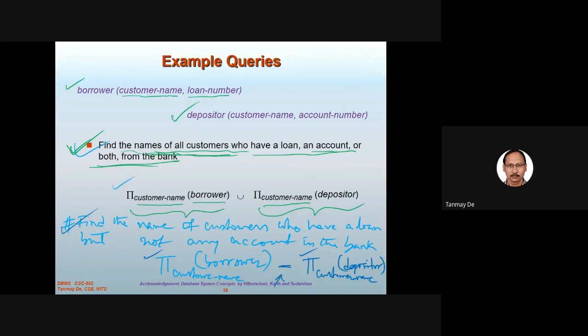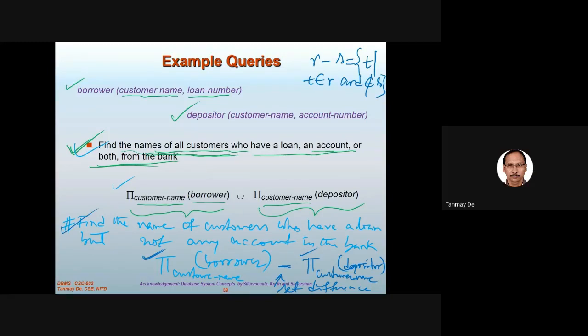If we perform set difference R minus S, the result is the set of tuples t where t belongs to R and does not belong to S. That is, t belongs to the borrower relation, meaning the loan, but is not present in the depositor.